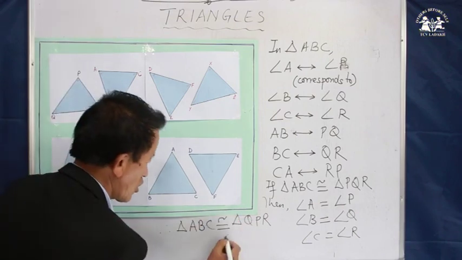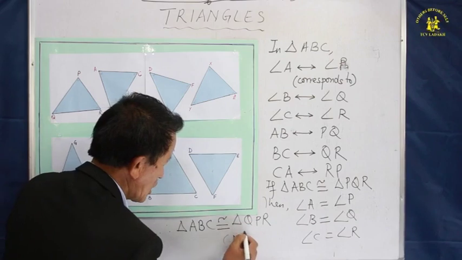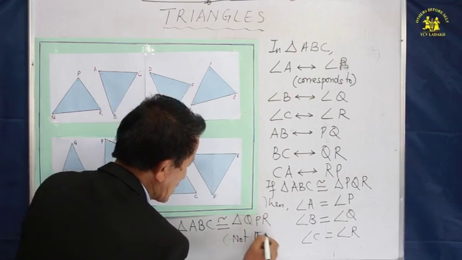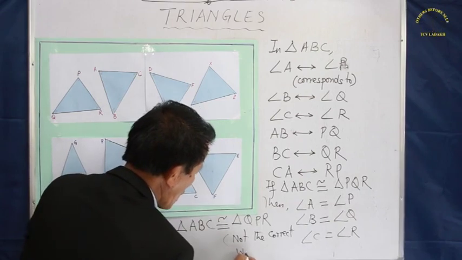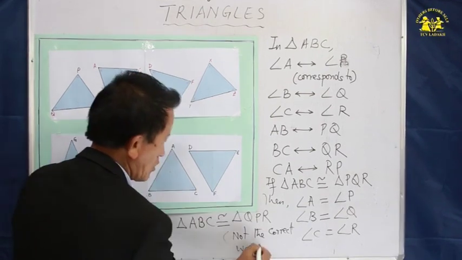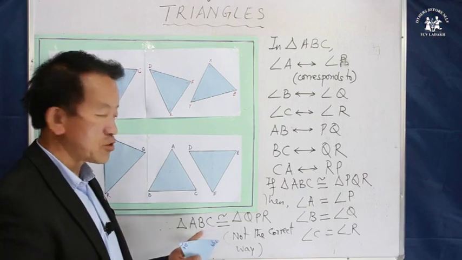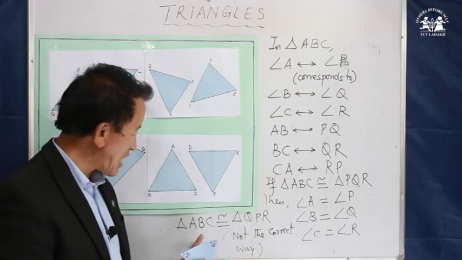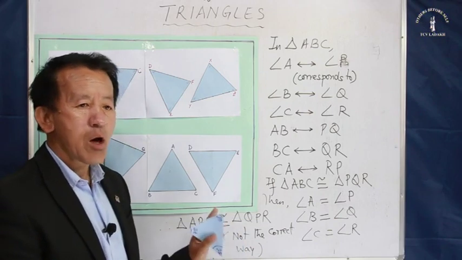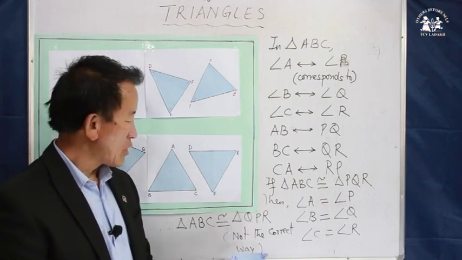So this is not the correct way, right? Of course, these two triangles are congruent, but they are not arranged in the proper way, right?